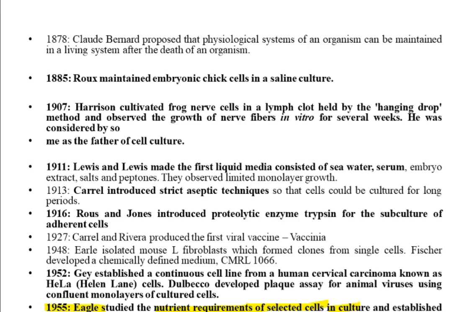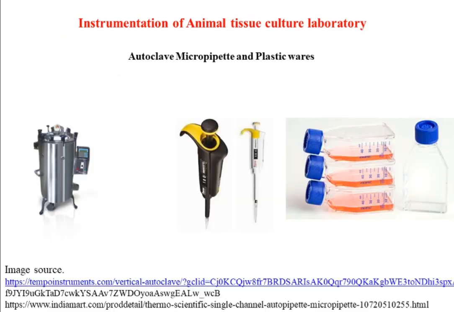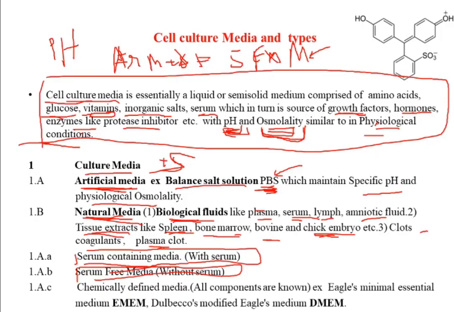So he designed various types of media and he saw the growth of various cells, and for that reason it is called chemically defined media, because he has defined which media is optimum for which cell because of its requirement. That is done by this Eagle, right? And so that is called chemically defined media.